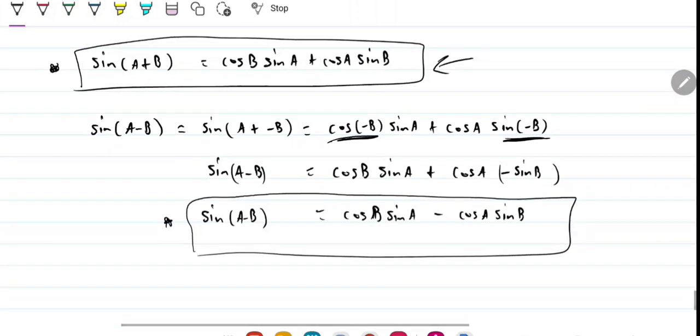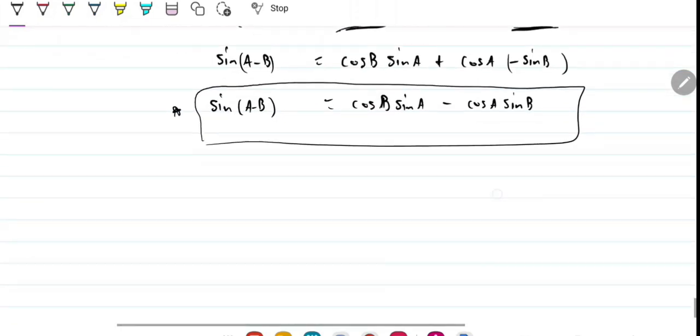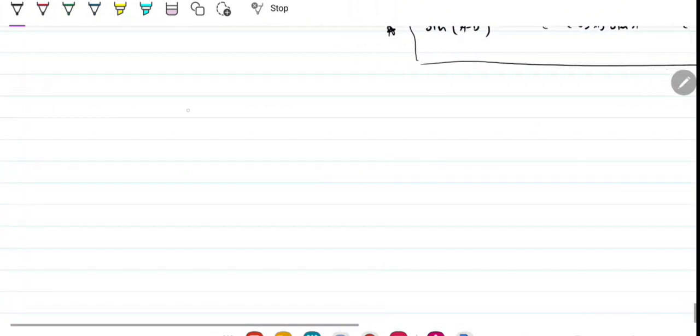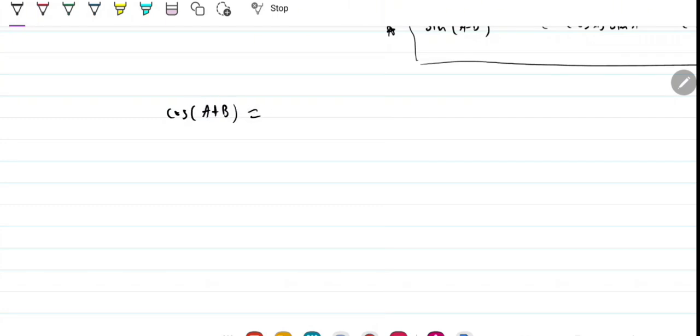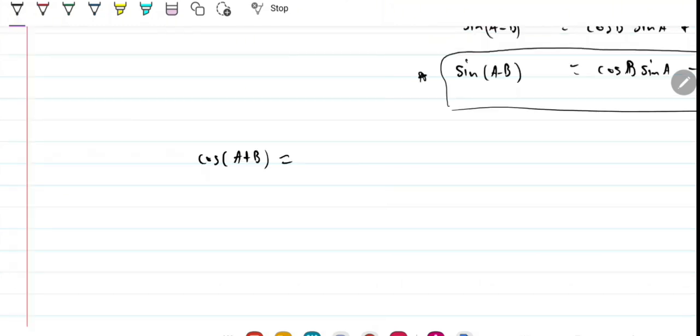Now, let's talk about the cos's now. What about the cos of a plus b? What would that be? Now, remember the identity involving complementary angles. We found that cos theta was equal to the sine of 90 minus theta, right?